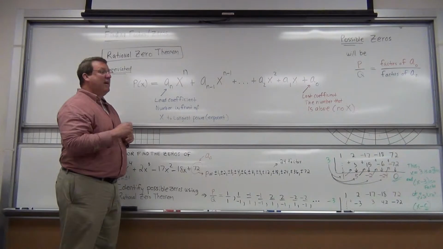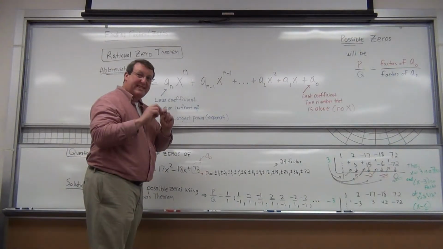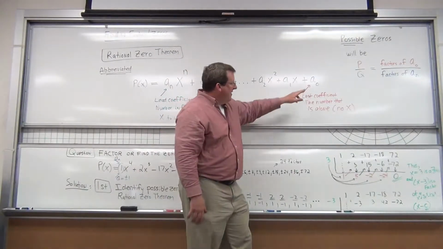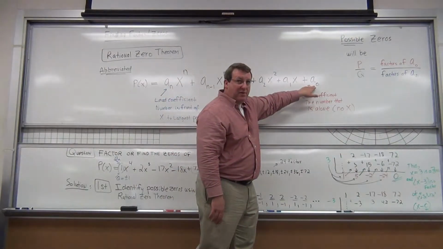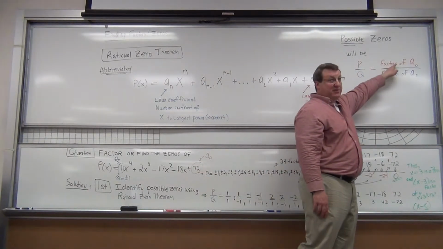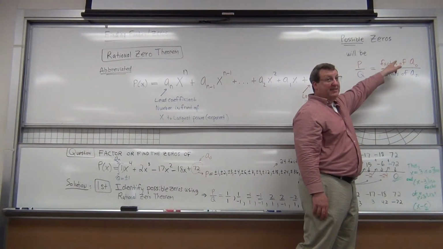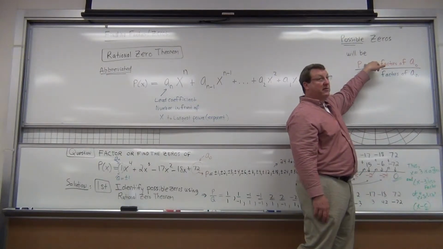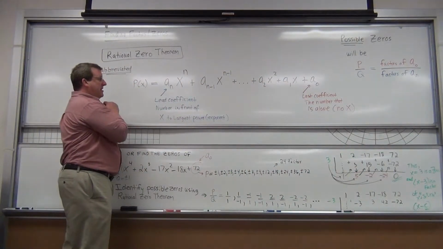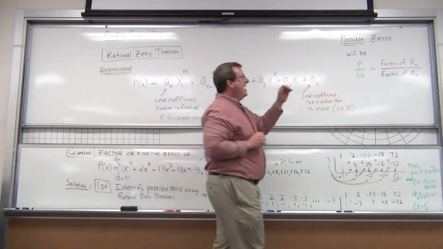Pretty simple. If we want to find these x values that are called zeros, all you have to do is find this last coefficient, a0. We want to find the factors of a0. The factors of a0, we actually call them p-values. Then you find the lead coefficient. We find that, that's an.